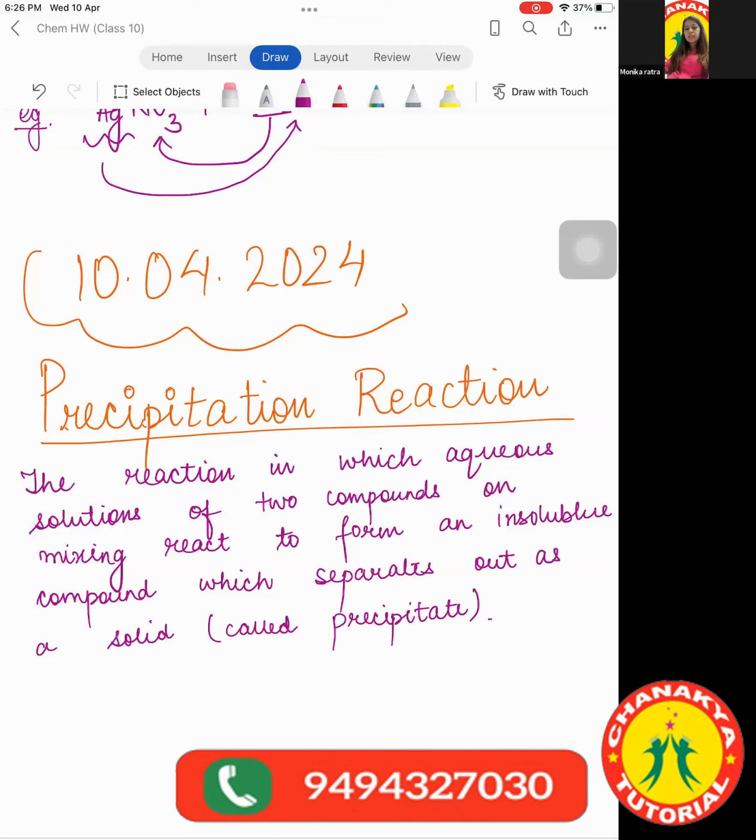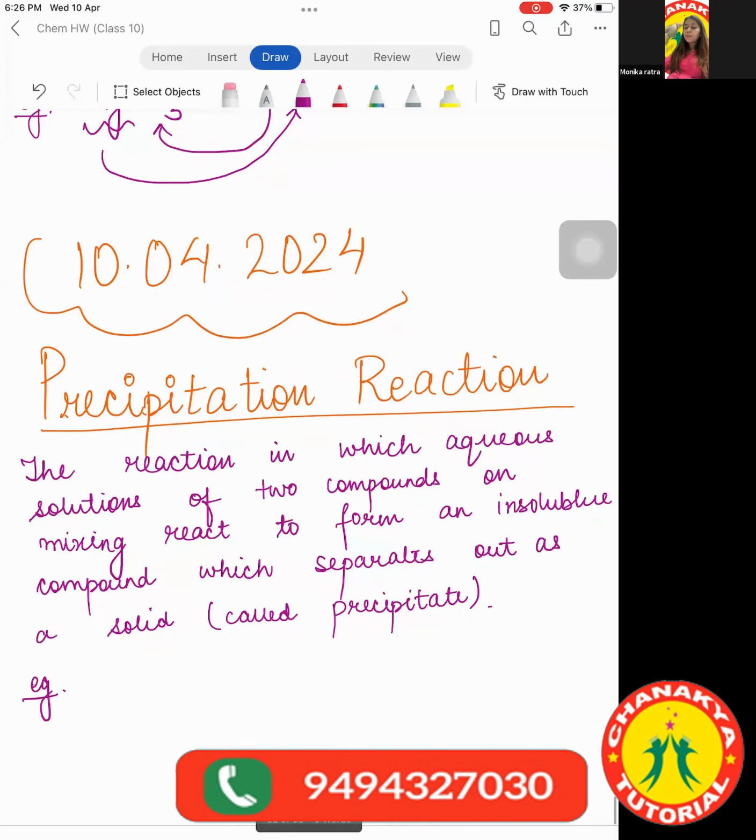That is why I'm saying that in the NCERT you are not going to find the term precipitation reaction, but many reactions given in NCERT involve the formation of precipitate, and they are amongst those 5 categories of which we have already discussed 4.